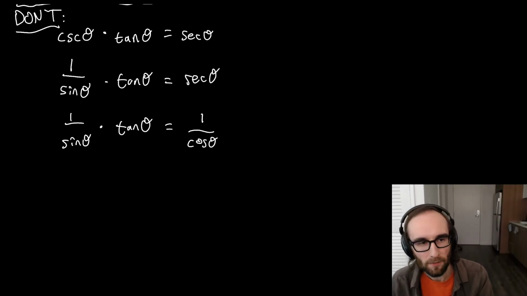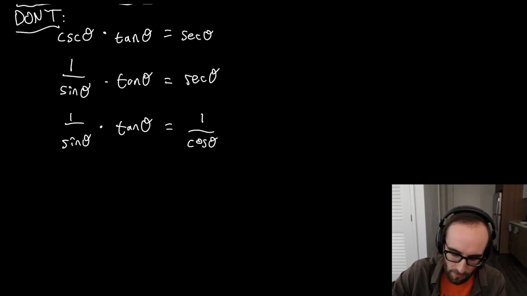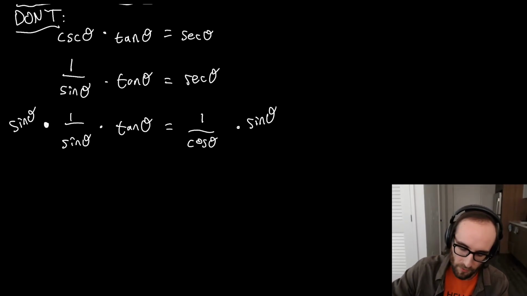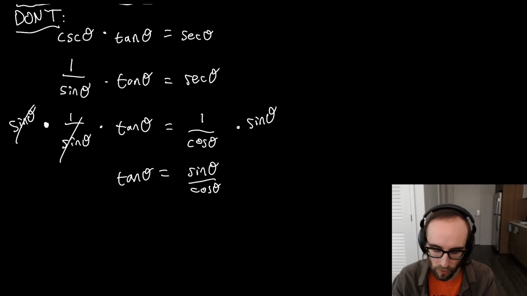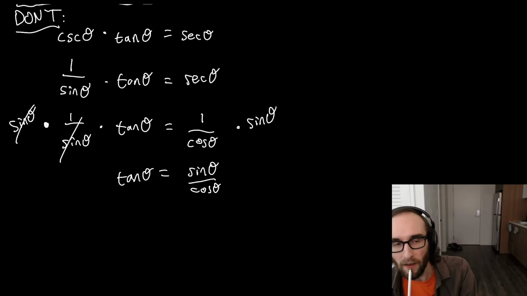And then we might be tempted to do something like multiply both sides by sine of theta. So these cancel out, and then we get tangent of theta equals sine of theta over cosine of theta, which we know is a true statement.